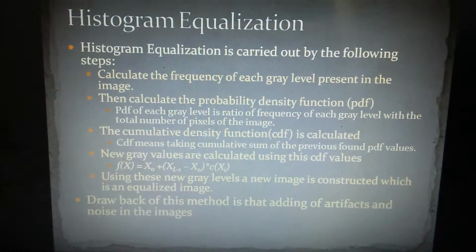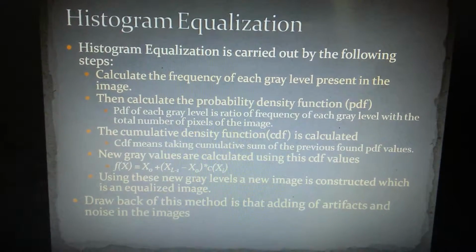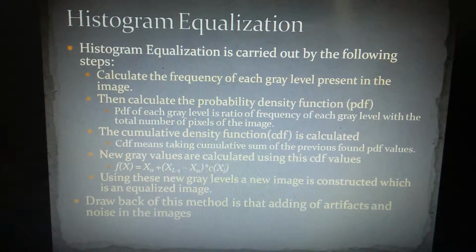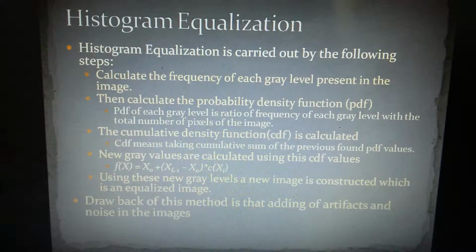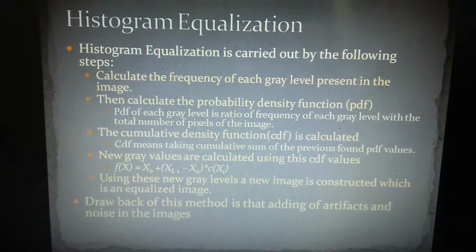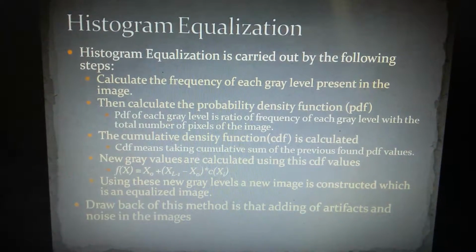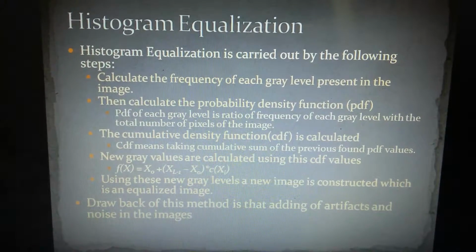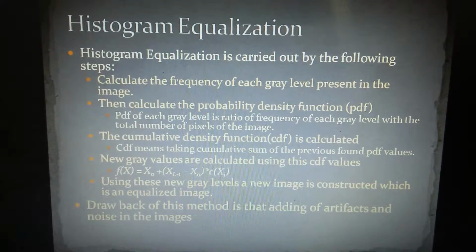These newly found CDF values are then used to form new gray levels, and these new gray levels give us the equalized image. The drawback of histogram equalization is that noise and artifacts are added to it.